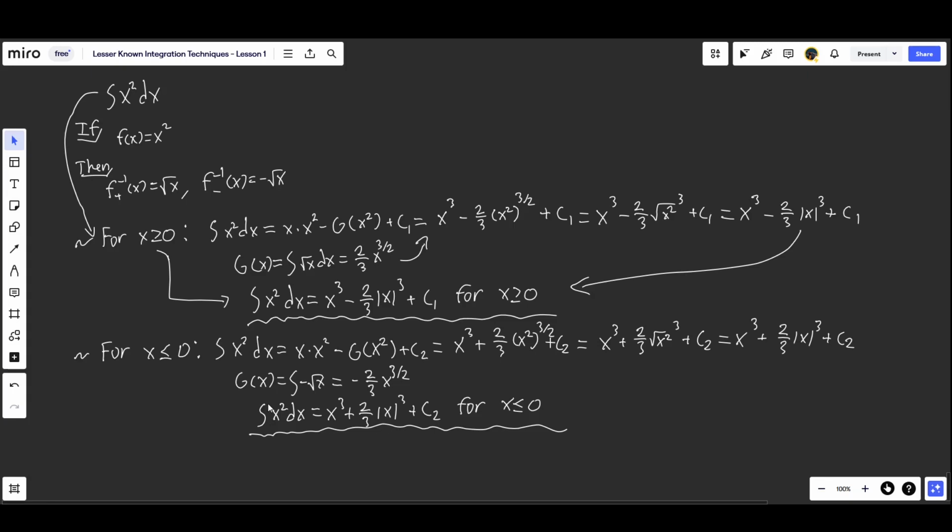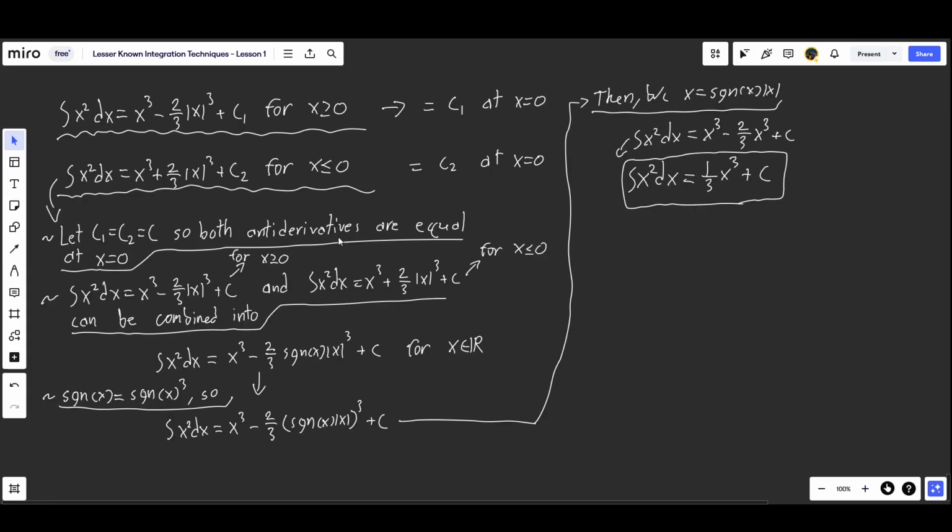And that's that the indefinite integral of x squared with respect to x is equal to x to the third plus, instead of minus, 2 over 3 times the absolute value of x to the third plus the constant of integration, which I'll call c2, for x less than or equal to 0. We now have two antiderivatives for the indefinite integral of x squared with respect to x, one for x greater than or equal to 0, and the other for x less than or equal to 0.